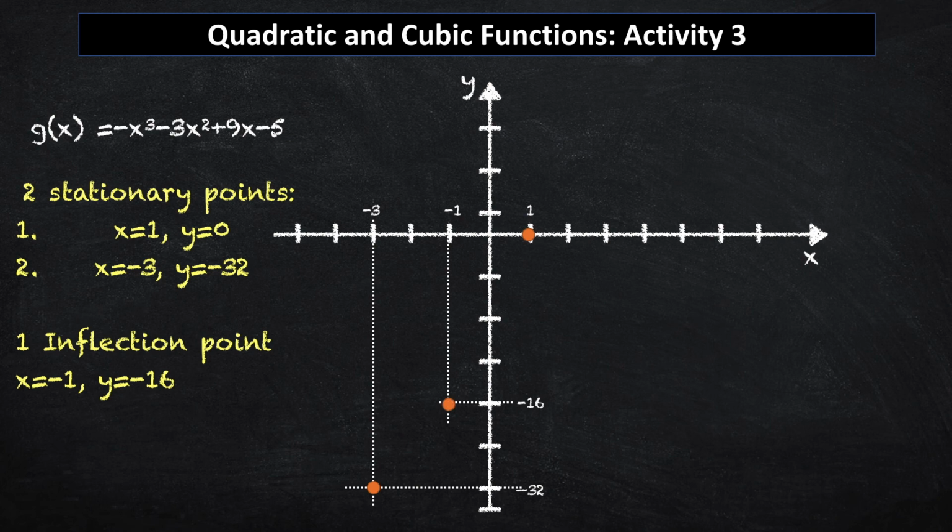And now we can draw the function, recalling that the stationary points are points where the tangent is parallel to the x-axis, and the inflection point is the point where the curve changes its curvature. So the function will be something similar to this. And these are the two examples of activity 3.